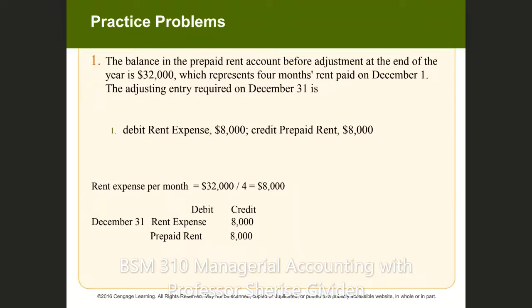So what would you do with the additional 24? You don't do anything with that, because it's already where it needs to be. In your prepaid rent account, you've got this 32 sitting here, and we're gonna take 8,000 out of it, so it leaves 24 in this account.